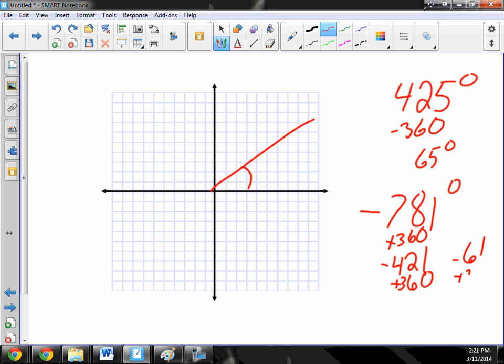We could add 360 again and get positive 299. What quadrant does 299 lie in? 4, right here, and the reference angle is going to be 61. So this angle would be 61 degrees.